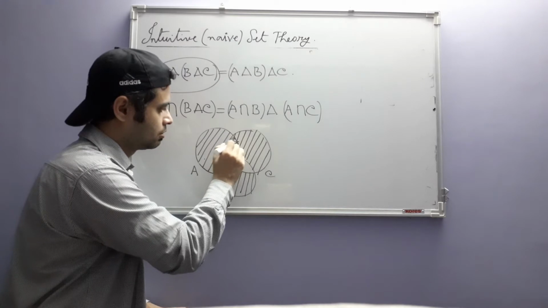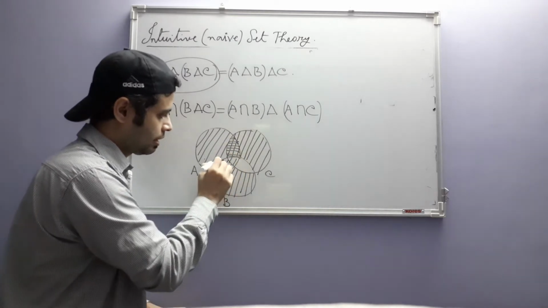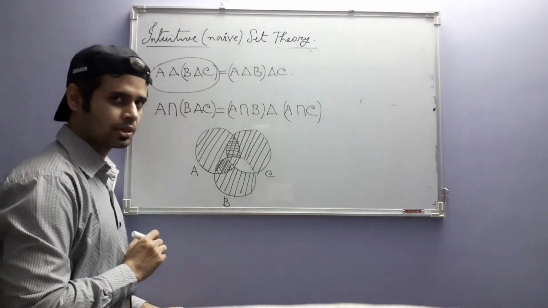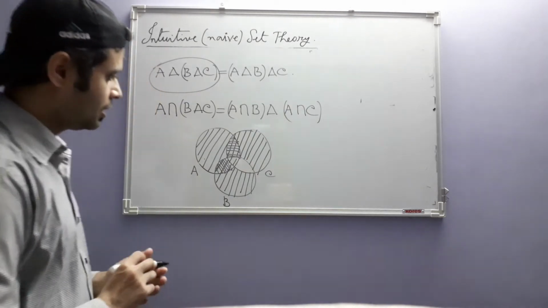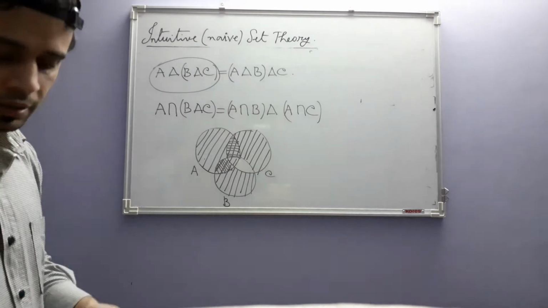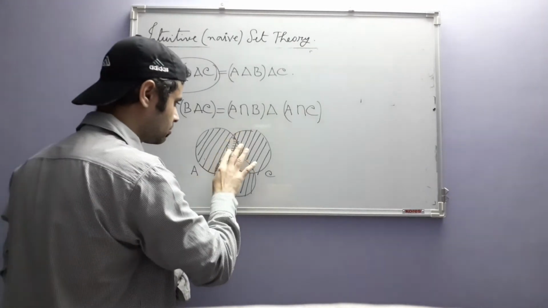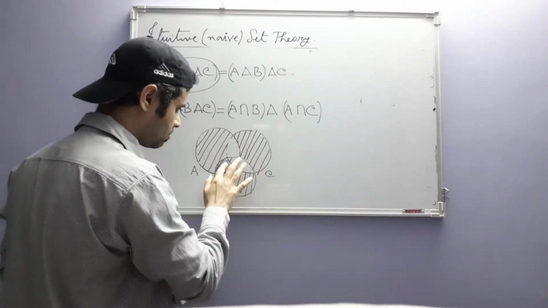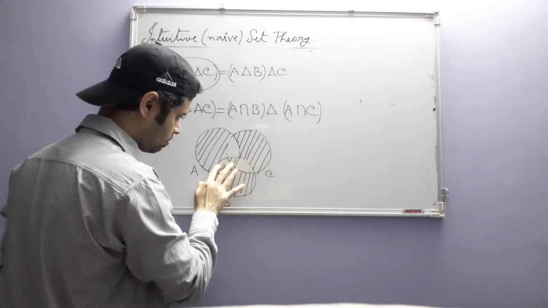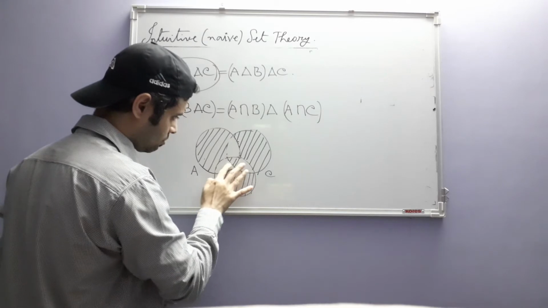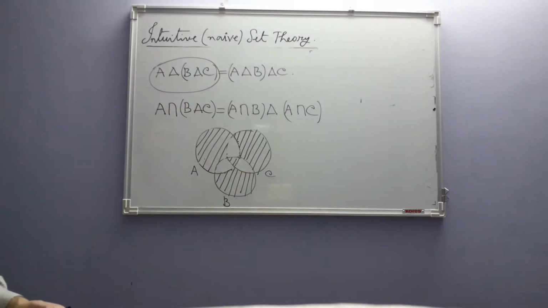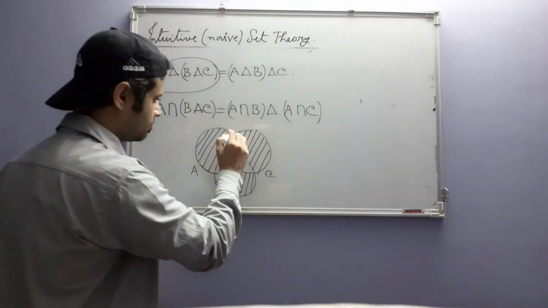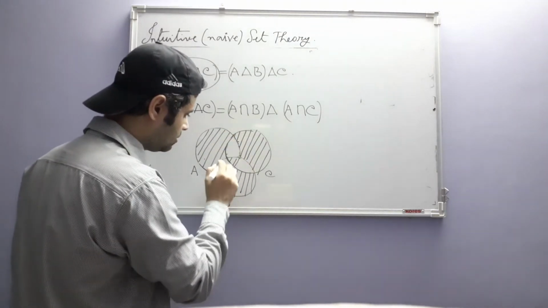This much and this much. Okay. So if I have to remove that, that means so actually this is my A delta B delta C. What is it?